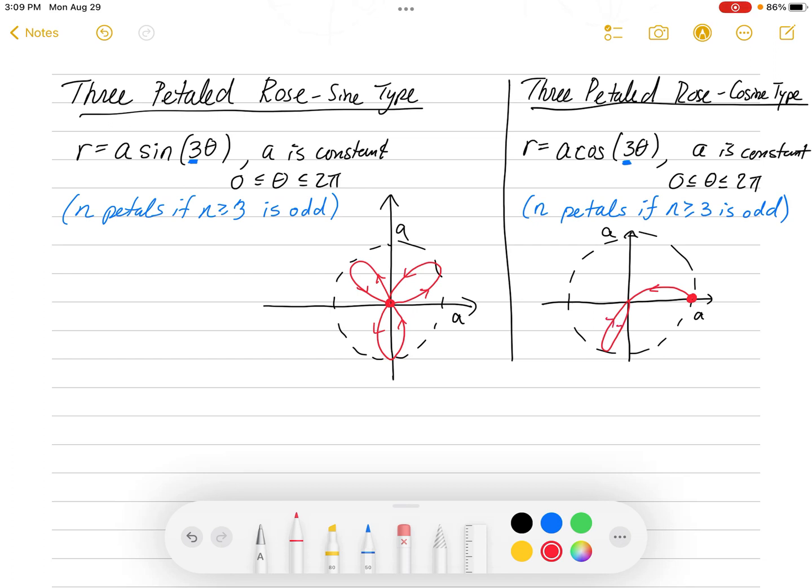And then up into the upper left, a petal. Back to the origin, and then finish that half petal that we began, and we end up back at angle of 0 and a radius of A. So that's right there on the horizontal axis at A.